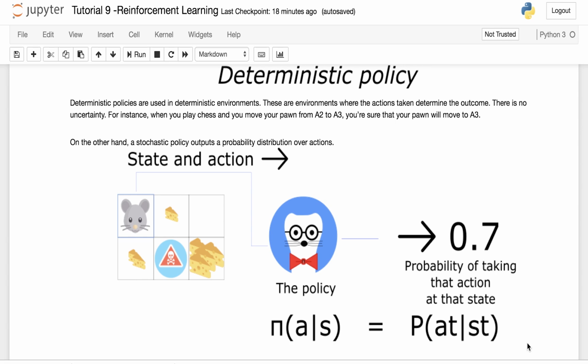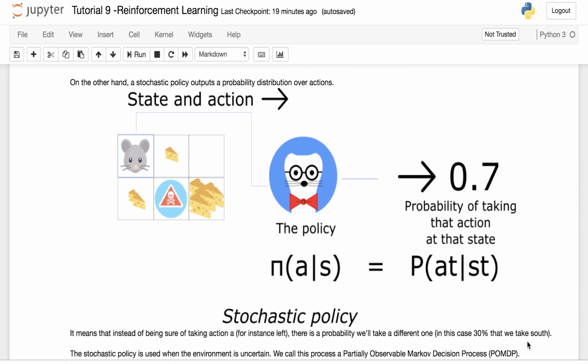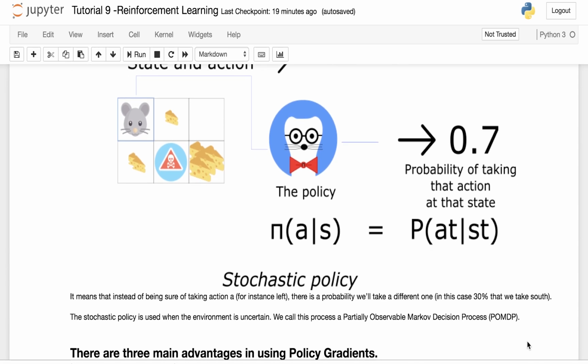So if we want to calculate the policy A for a given state S, it's the probability of taking the action at that state, rather than giving some deterministic value. So it's a stochastic policy.